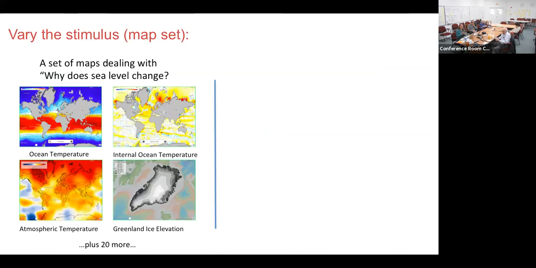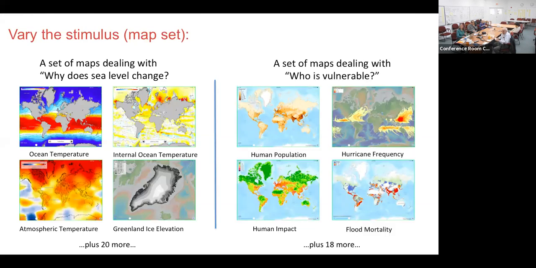That set of maps were mostly natural science maps. The second set of maps had to do with who is vulnerable to changes in sea level. That set included social science data like human population, as well as natural science data sets such as where hurricanes and other storms occur with greater and lesser frequency.